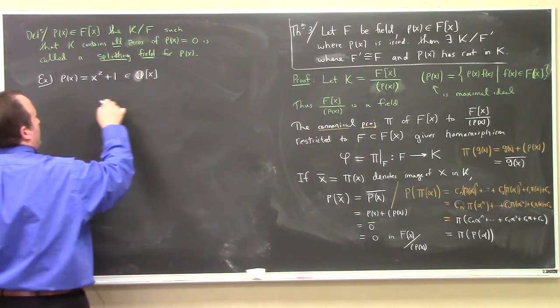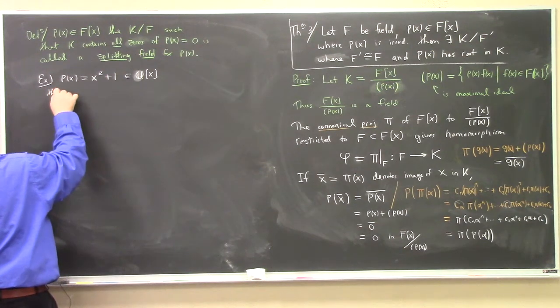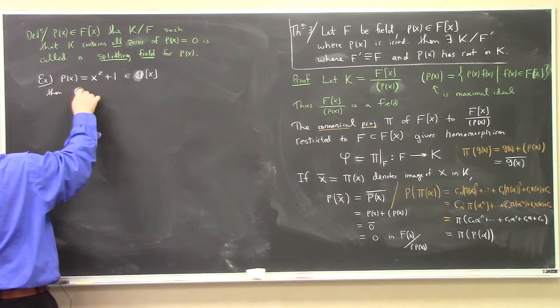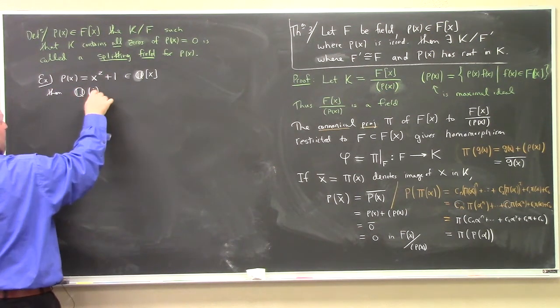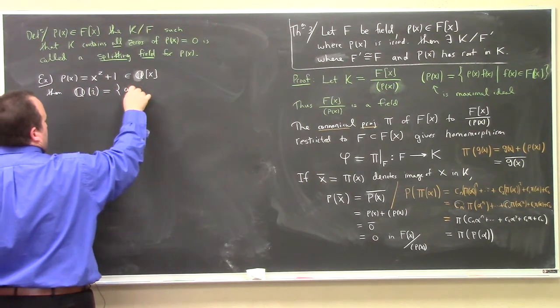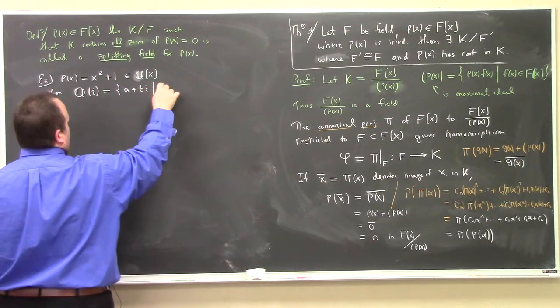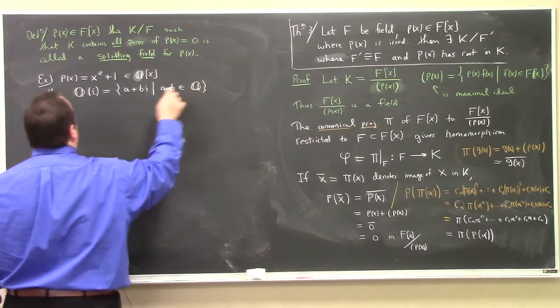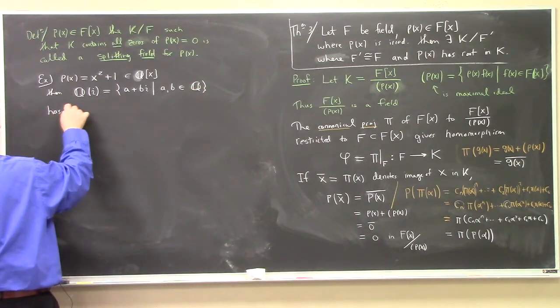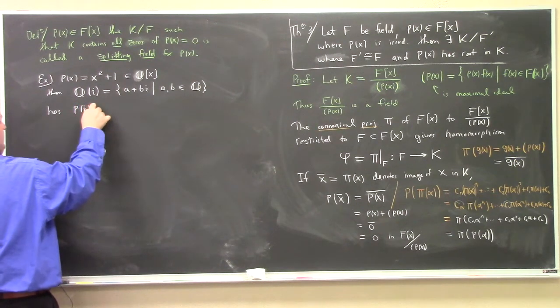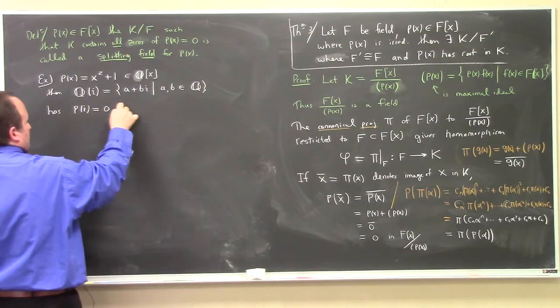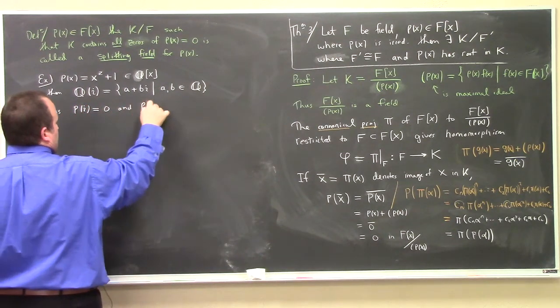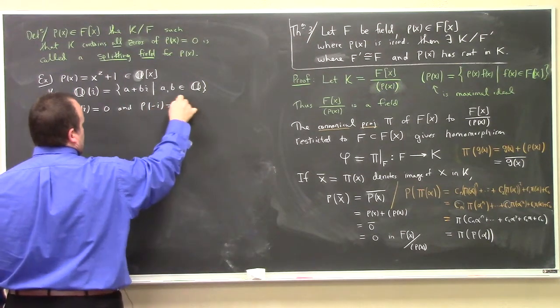Then Q adjoin i, which is things of the form a plus bi, where a and b are rational numbers, has P of i equal to 0 and P of minus i equal to 0.